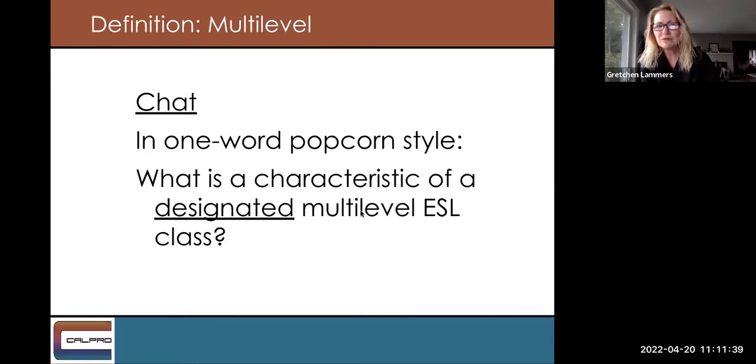I want to say that going forward, I won't continue to say multi-level ESL because I will slur it. So I'm just going to call it MESL. And that's kind of the way that I describe multi-level ESL. That's a characteristic. It's a little messy at times, but it's good messy, controlled messy.